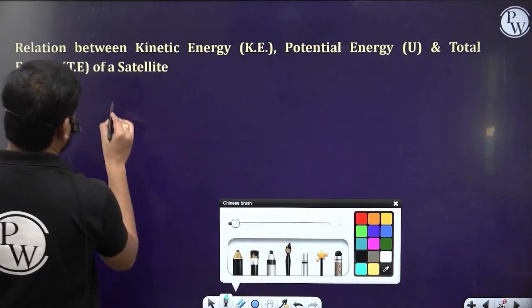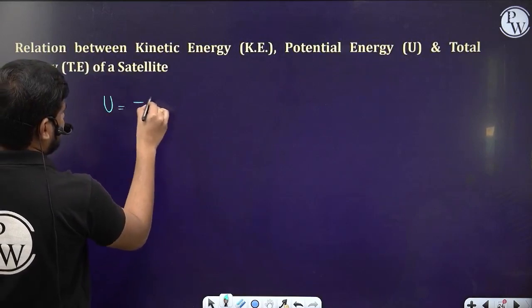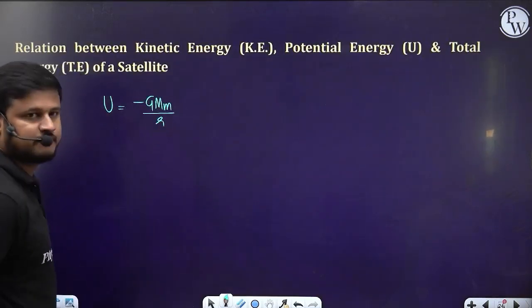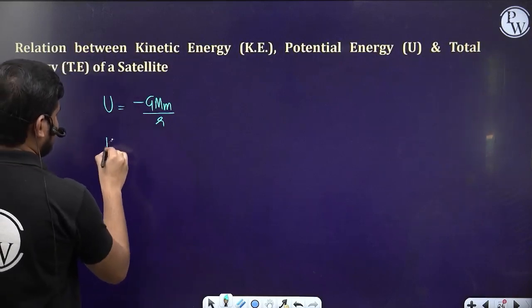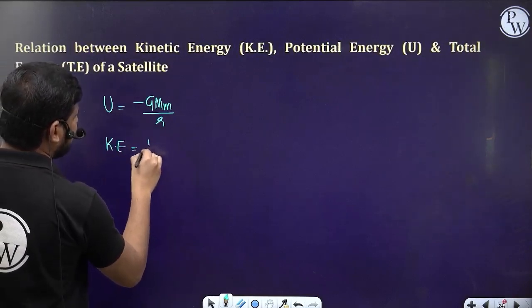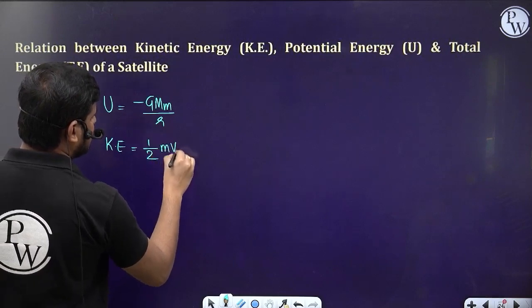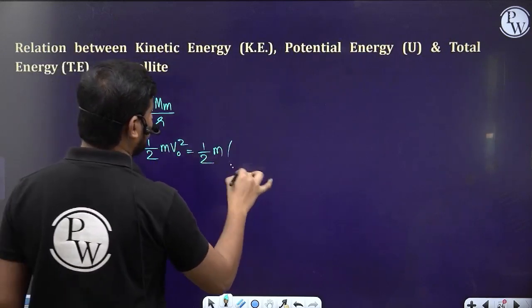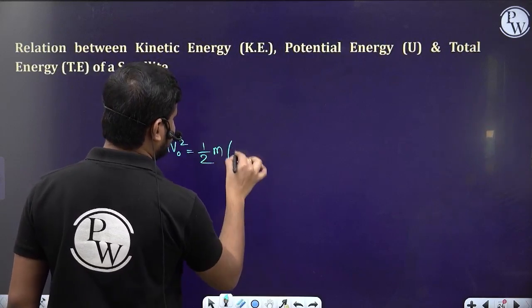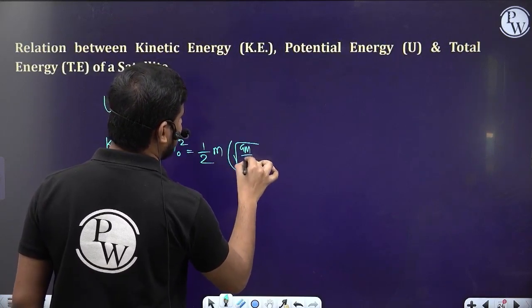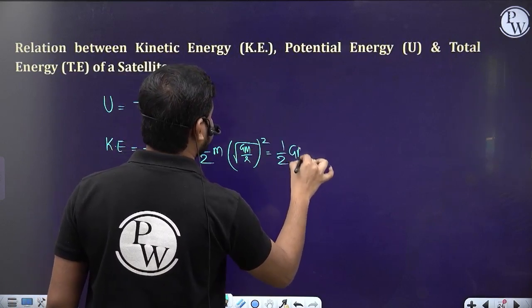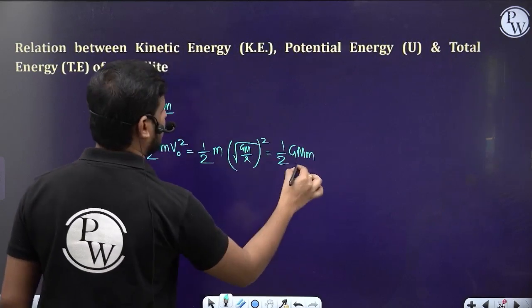The potential energy is minus GMm by R. And the kinetic energy is half m v naught squared. In place of v naught, we write the orbital speed, root over GM by r, whole squared. It becomes half GMm by r.